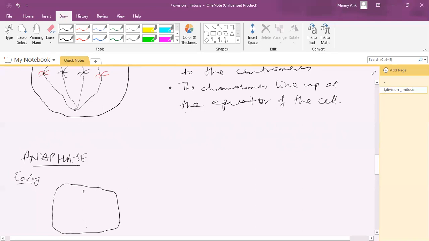So the spindles will shorten, and the spindle shortening is pulling the chromosomes apart like that.